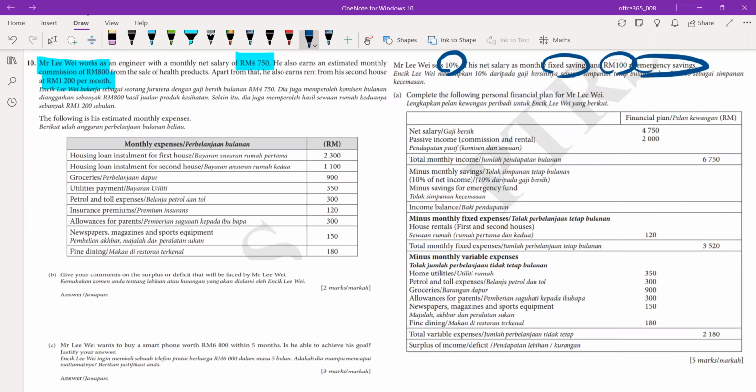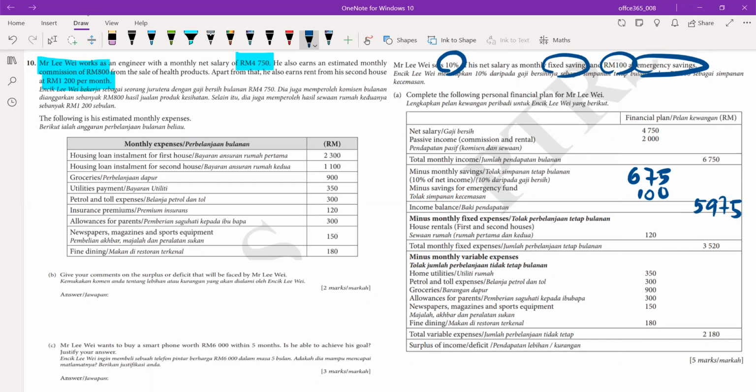The net income is this one. So it will be 6750 minus the emergency. You just fill up here, right? Income balance, 6750 minus, okay. You have to know this is how much? 5975. You minus because they already give you in the sentence, you just fill up.